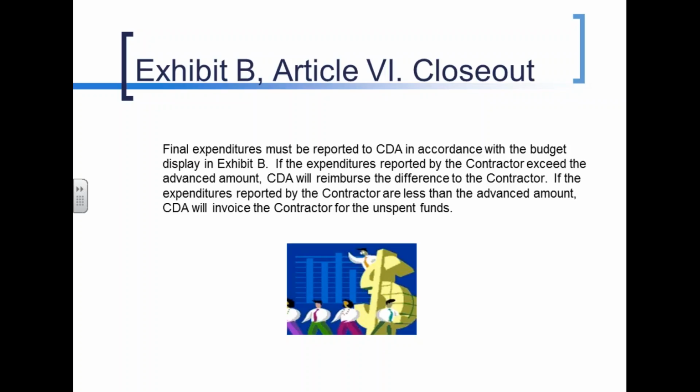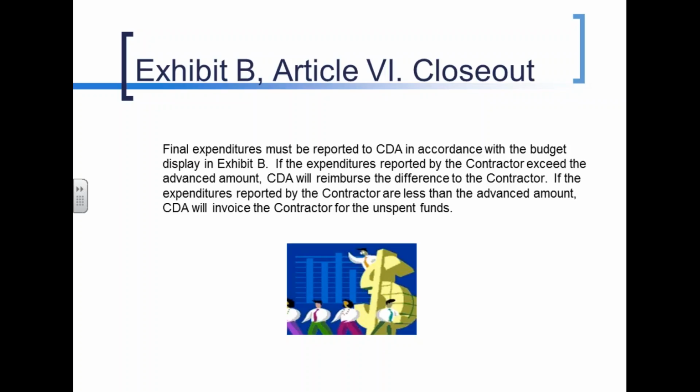If the expenditures reported by the contractor are less than the advance amount, CDA will invoice the contractor for unspent funds. Now we do advance the funds to you, and it is our preference here at CDA that your expenditures are as accurate as possible. As you get close to the end of your contract period, you should be able to estimate that out, and you should also look to your contractors to do the same thing.